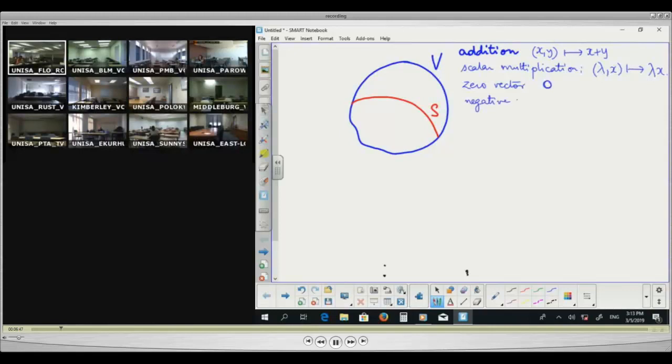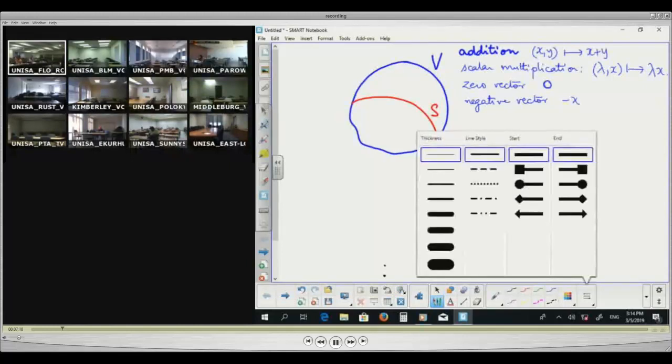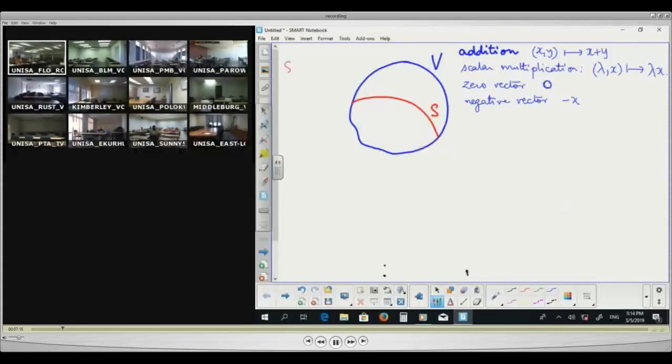Our wish is that S is such a subset such that on its own it is a vector space. That is our wish.